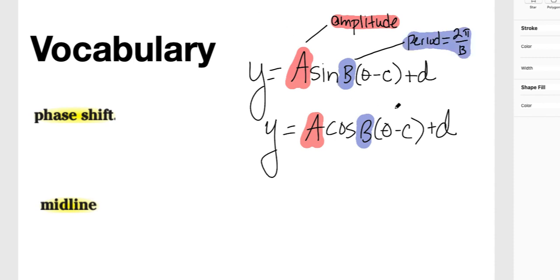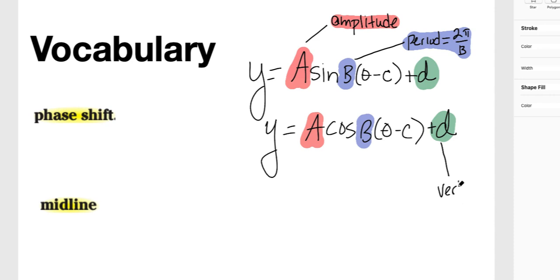And probably the next easiest thing to discuss, because it's something that you're going to remember from other functions, right, guys? You remember that when we add or subtract something to the entire function, what we get in situations like that is a vertical shift, okay? So we will have a vertical shift.